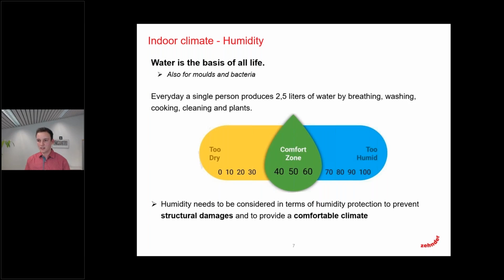There, the humidity tends to be very high, and this doesn't feel comfortable either. So the humidity needs to be considered in thermal comfort, which lies between 40 and 60% relative humidity. And it also needs to be considered to prevent structural damages.